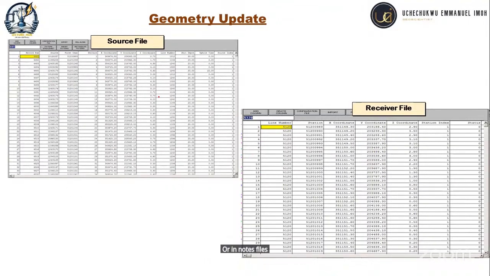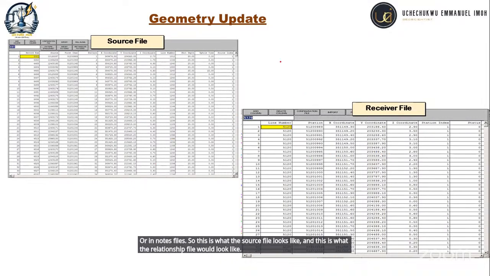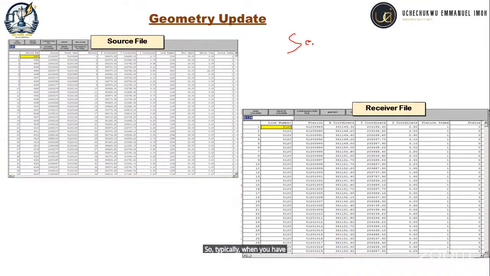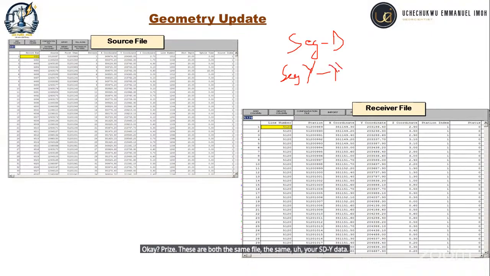So this is what the source file will look like, and this is what the relationship file will look like. Typically, when you have your seg-D and your seg-Y files, they are both the same data sets coming from the field.